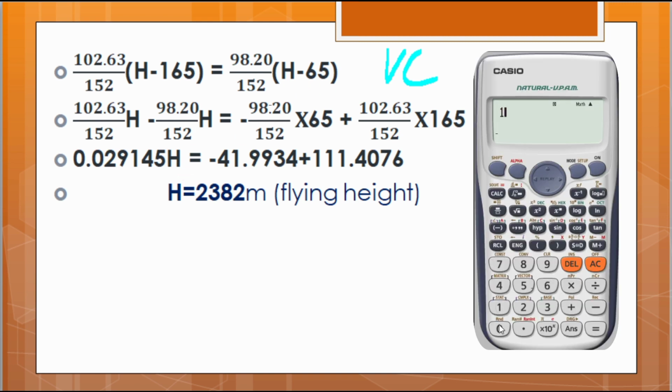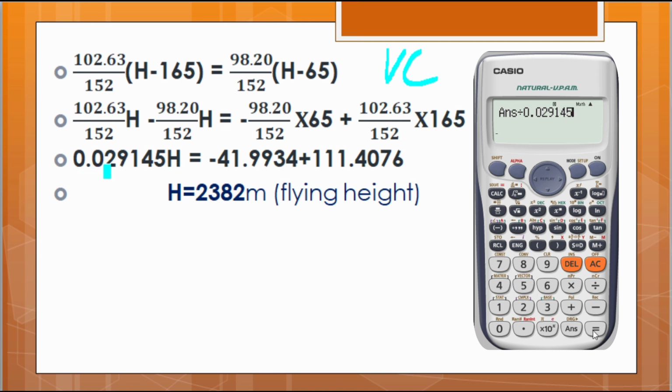So this is just simple. We open our brackets. The H, we move on the same side, then all our other values, we move them to the other side. This is just a simple multiplication and division, moving from one point to another. By doing that, we remain with H on one side simplified and the other whole numbers on the other side.